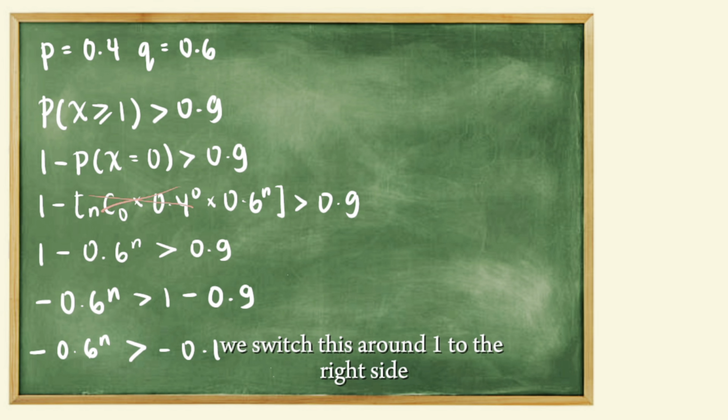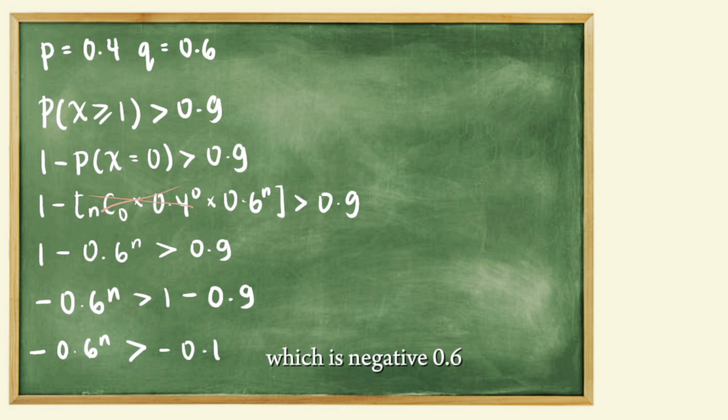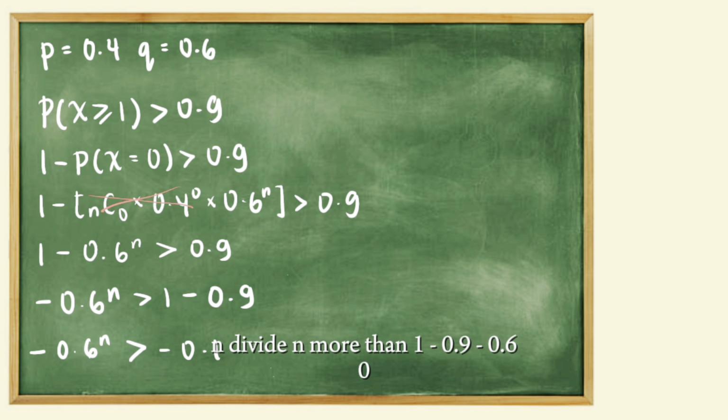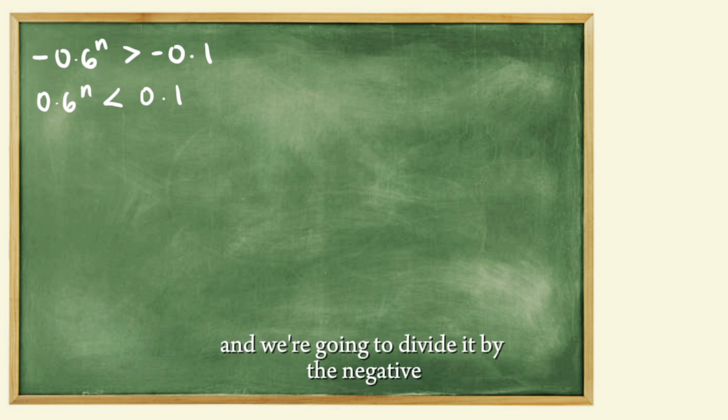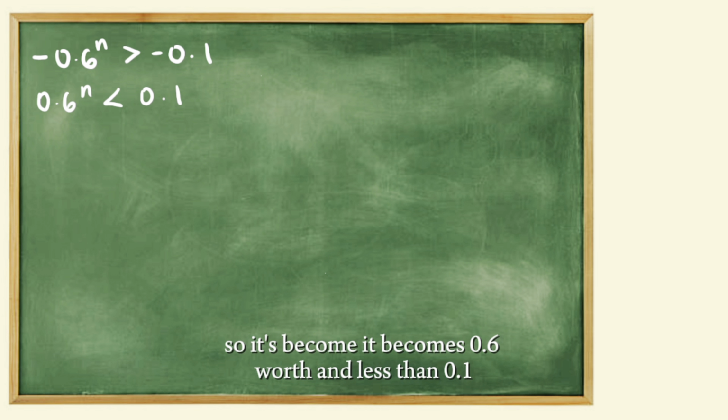We switch this around, 1 to the right side, which is negative 0.6 to the power of n more than 1 minus 0.9, negative 0.6 to the power of n more than minus 0.1. Since both sides are negative, the sign is going to flip when we divide by the negative, so it becomes 0.6 to the power of n less than 0.1.